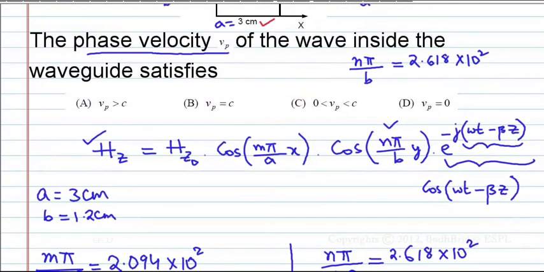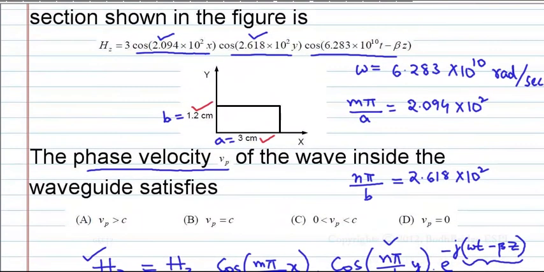Now we shall see what is the frequency at which it is going. It is going at ωt − βz. ω is given as 6.283 × 10¹⁰. Therefore, 2πf is 6.283 × 10¹⁰.